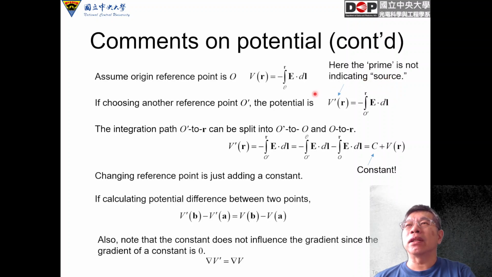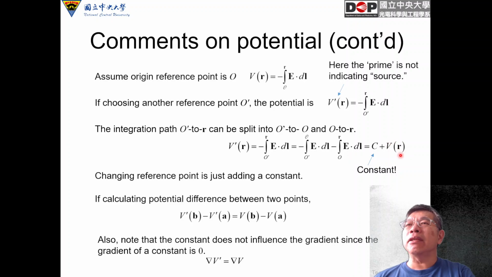It's just the origin or the reference point we choose. So the integration path O prime to R can be split into O prime to O and O to R. So the potential at that particular R with respect to the reference O prime is something like this. We can just split it and write it like this: a constant plus the potential that we had earlier.